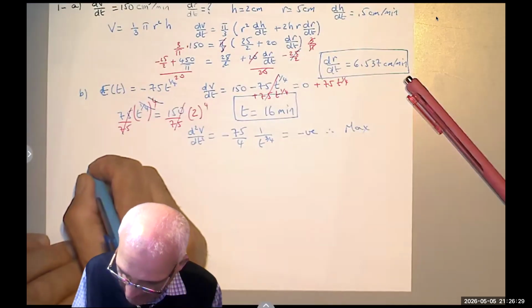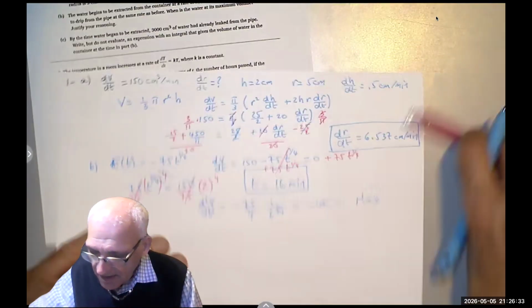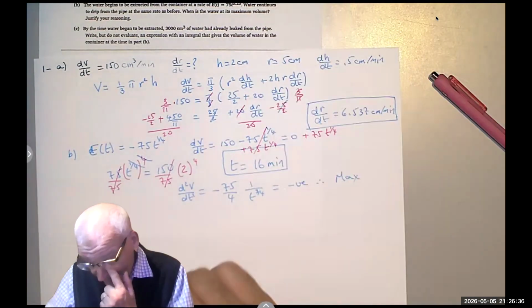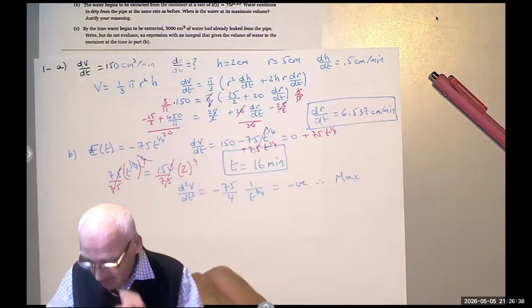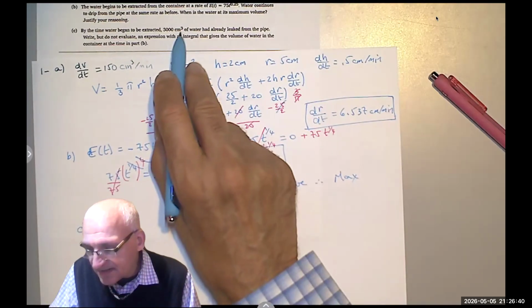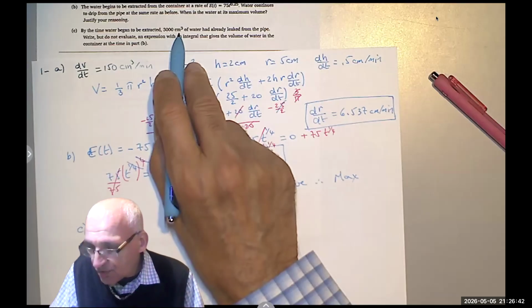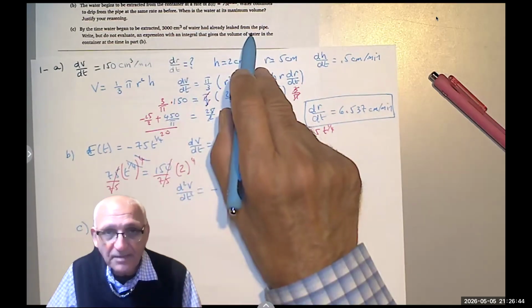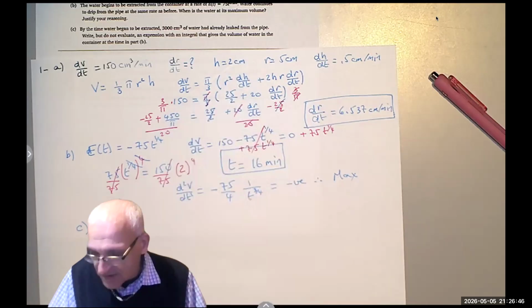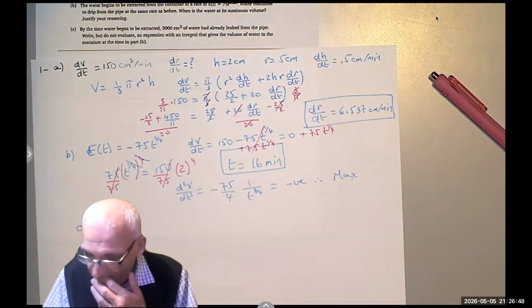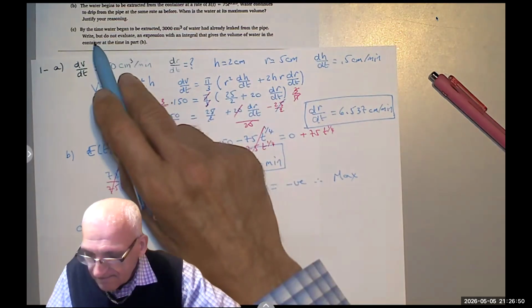Now, the last part, which is part C, says by the time water began to be extracted, there was 3,000 cubic centimeters of water already leaked from the pipe. So the tank contains 3,000 cubic centimeters.